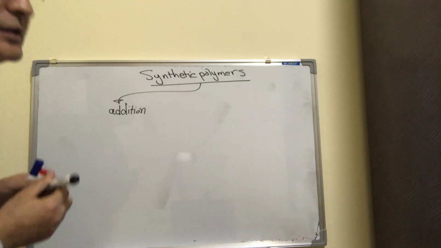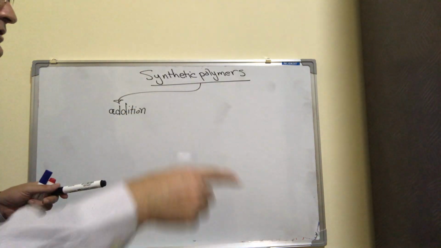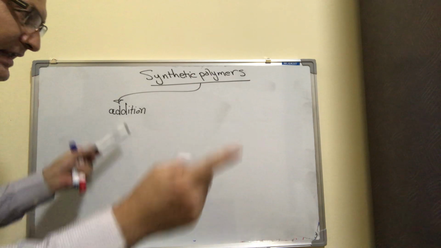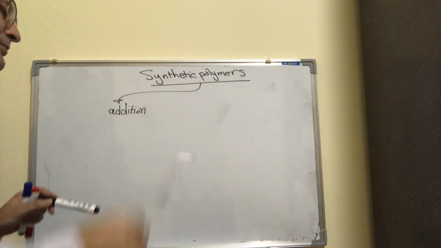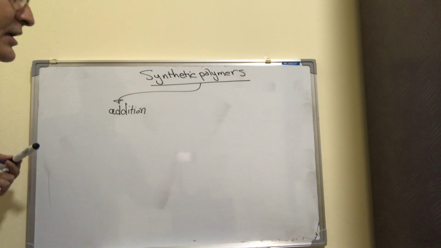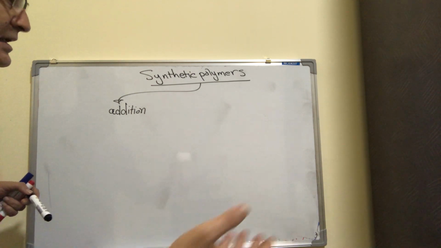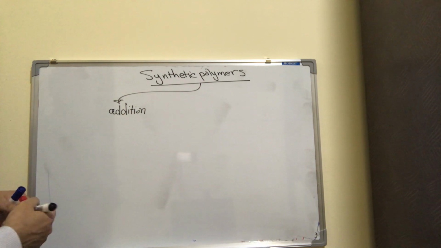Why is it called polyester? Because too many ester links are being created all along the chain. So the general name for this polymer is polyester. Why is that again? Because of the ester linkages that are formed all over the polymer. Since we have too many links of that kind, ester links, we call the polymer a polyester.